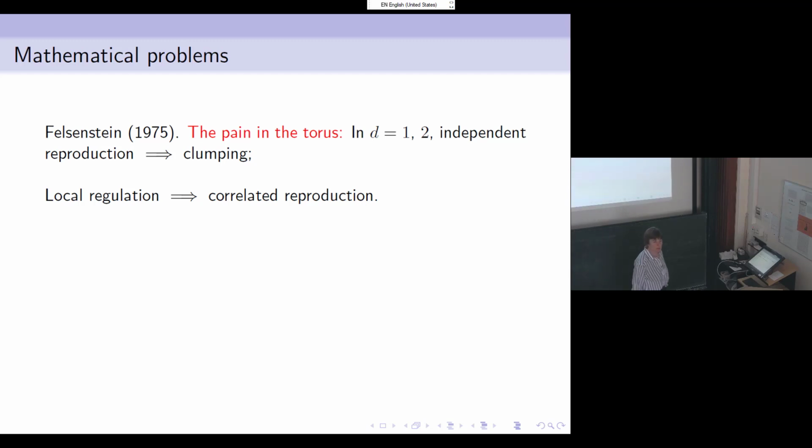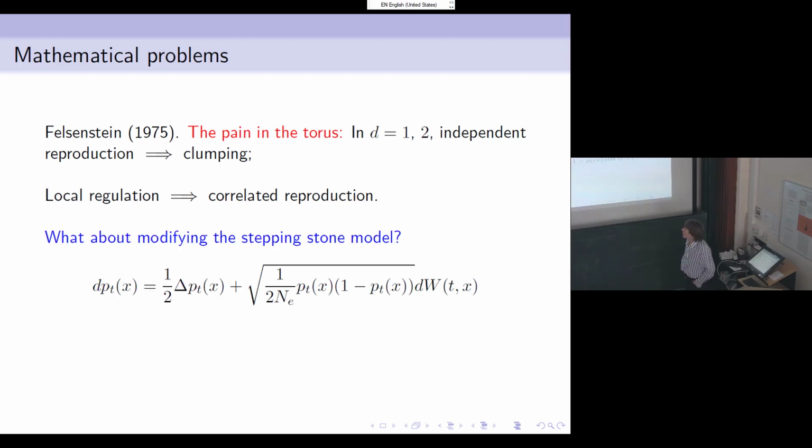And so, the first thing we tried is modifying the stepping stone model. The stepping stone model is somehow the ultimate local regulation. It's saying that the population size is exactly some constant value in each of my demes and it's zero everywhere else. I mean, that's just regulating the local population density. And that gave us a model that was mathematically very tractable.